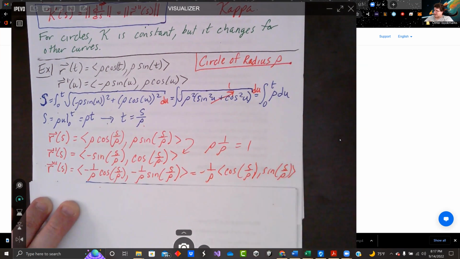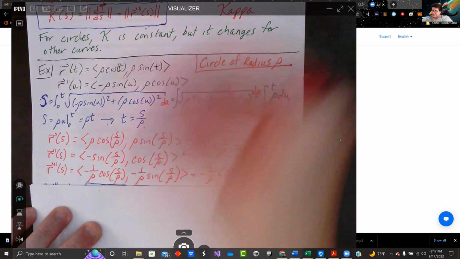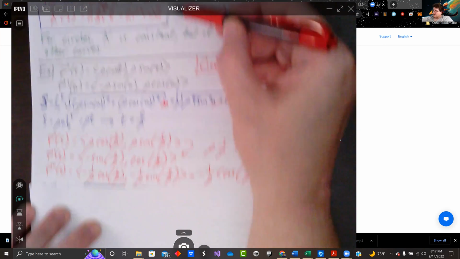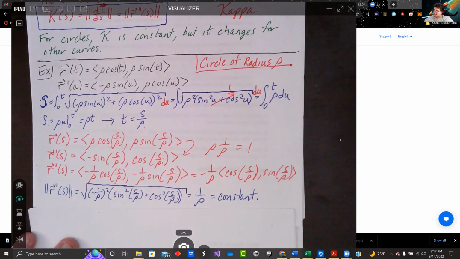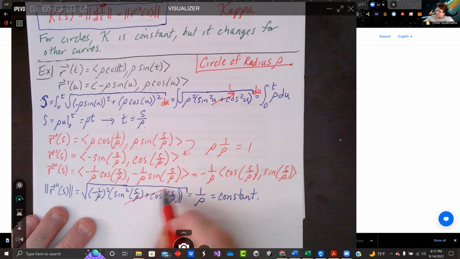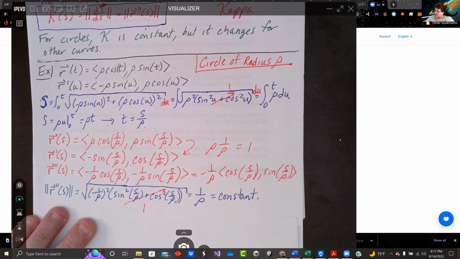You don't have to factor it out. I just did it for illustration purposes. We now need the magnitude of that for kappa. We take the magnitude of it, and we see we get our same familiar sum, sine squared and cosine squared, that equals 1. We're left with the square root of 1 over rho squared, which is 1 over rho, which is constant.